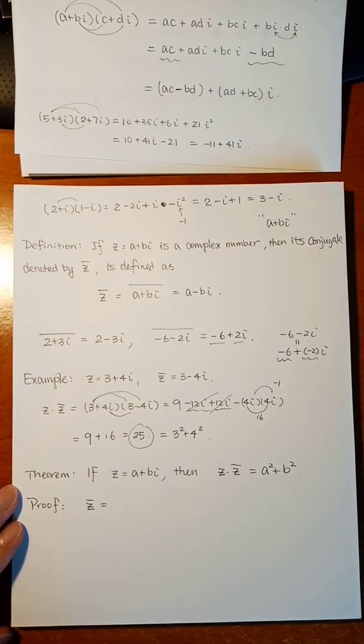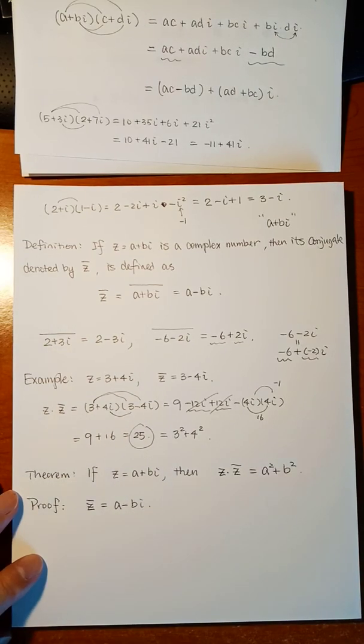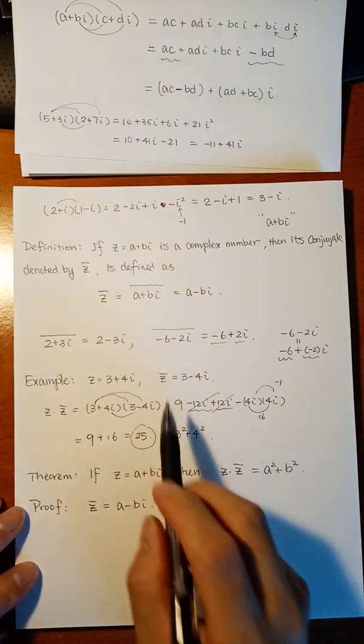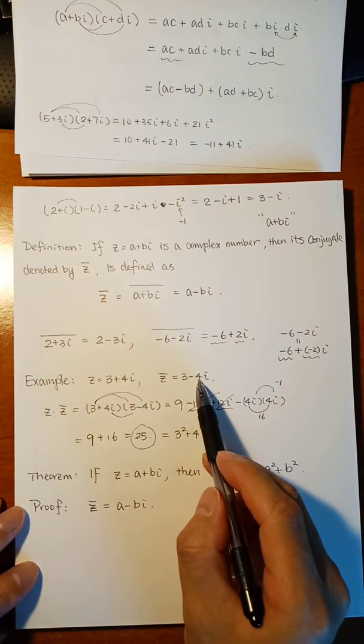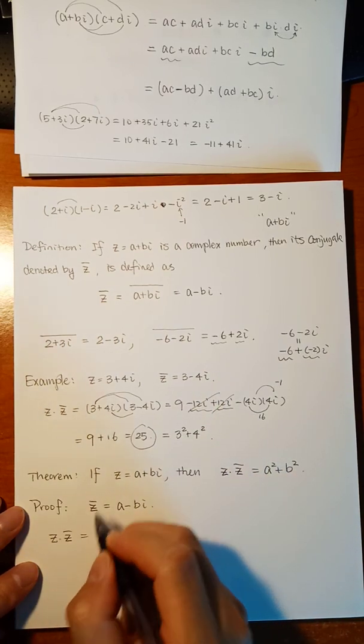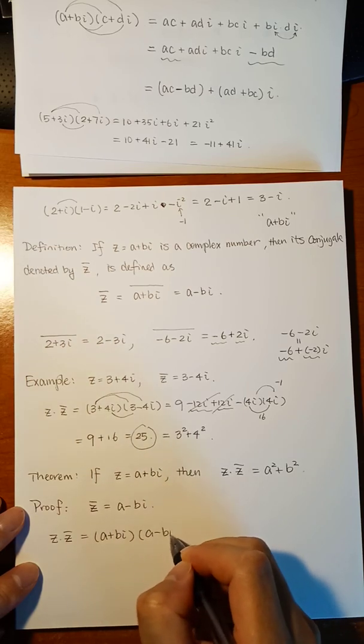What is the conjugate? Conjugate is a minus bi. We go through the whole process, we just replace 3 by a, 4 by b. So z times z bar, you will get a plus bi times a minus bi.